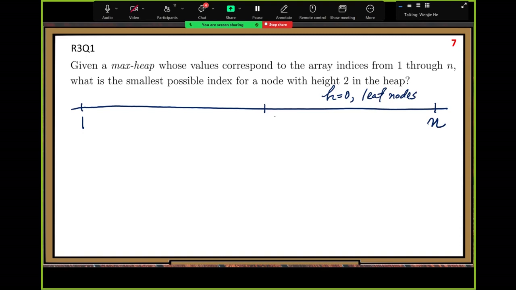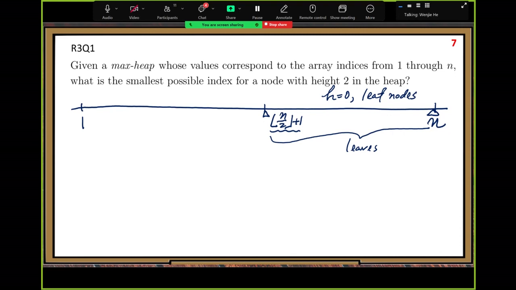Remember, the range is n over 2, floor function, plus 1. So this is the lower bound, and the upper bound is n. All the nodes in this range are leaves.